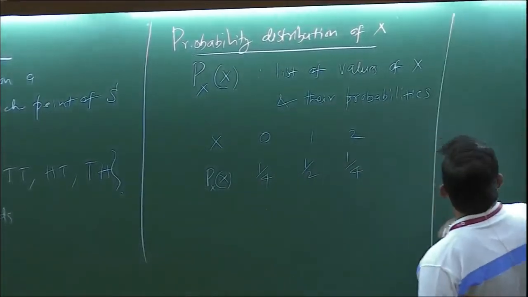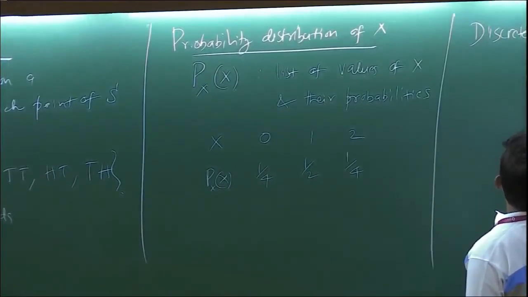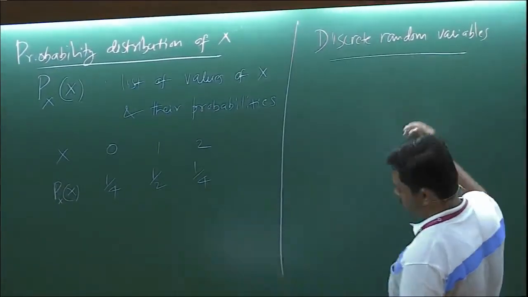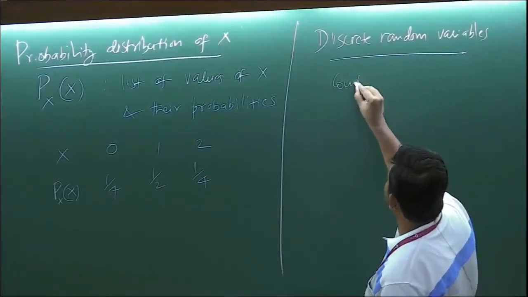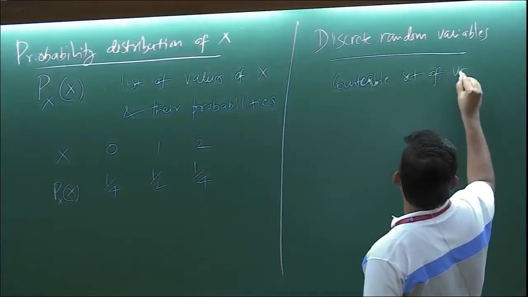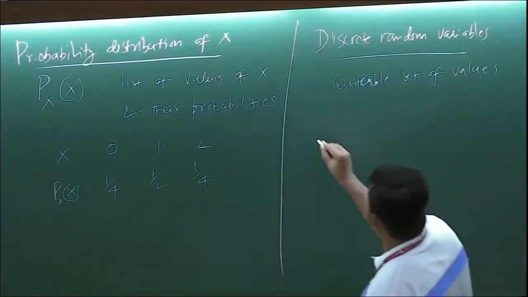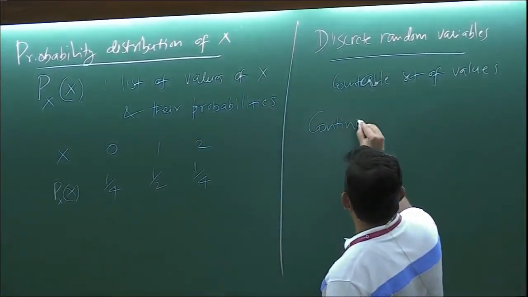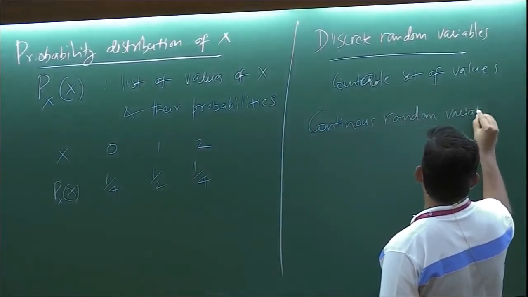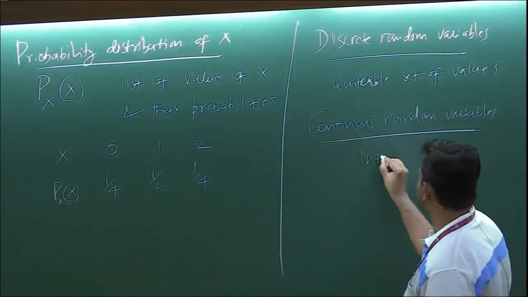So what we looked at right now is the idea of discrete random variables. That means you have a countable set of values that the random variable can take. But you could also have continuous random variables. Can you give me an example of a continuous random variable? They take values, for example, from an interval.